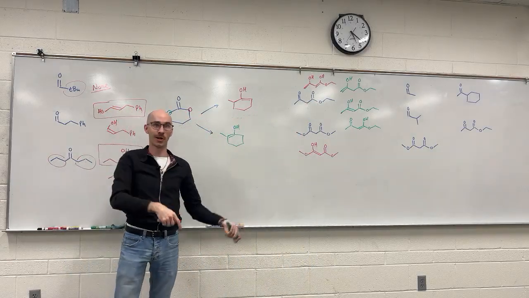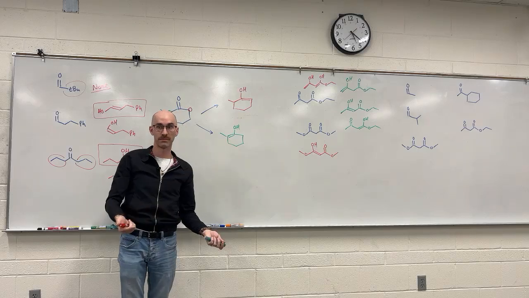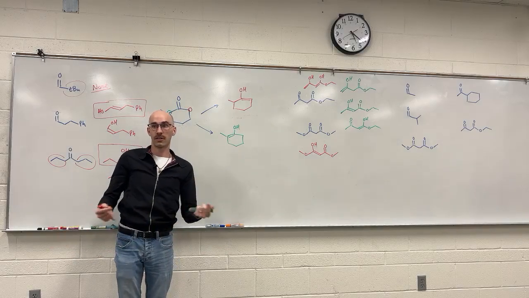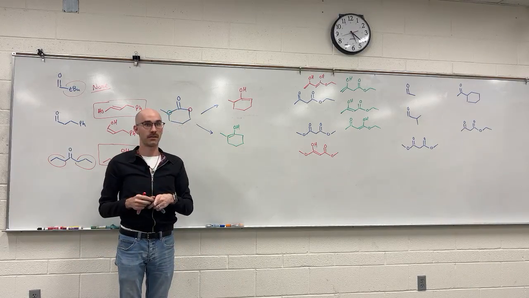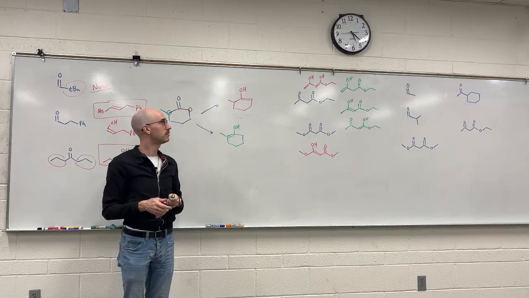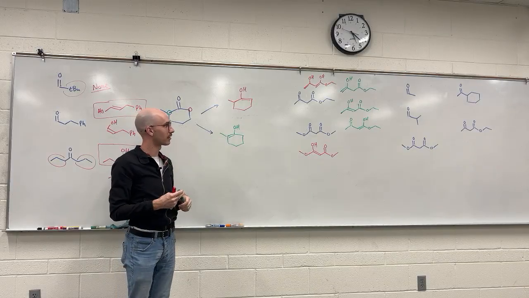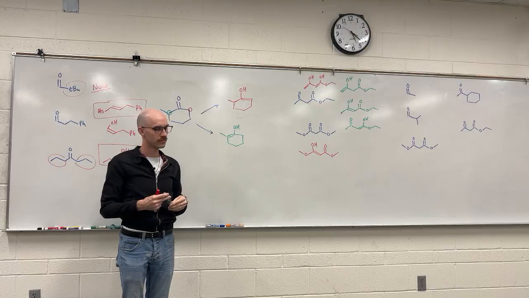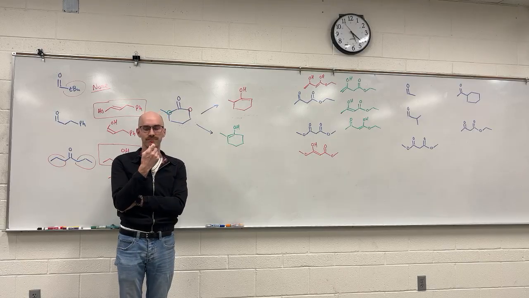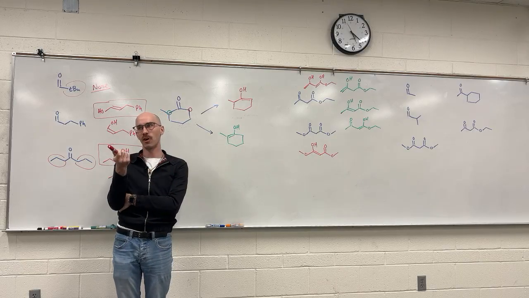Enols in general are hard to form by equilibrium. They are less stable than their carbonyl form. So I think getting that double enol would be especially hard. And that's not always true.